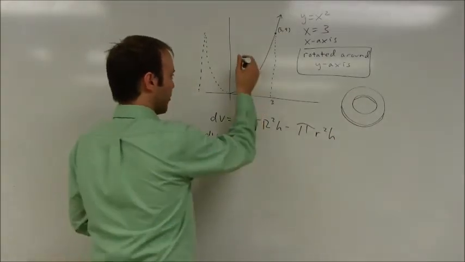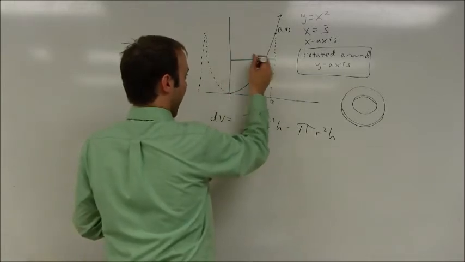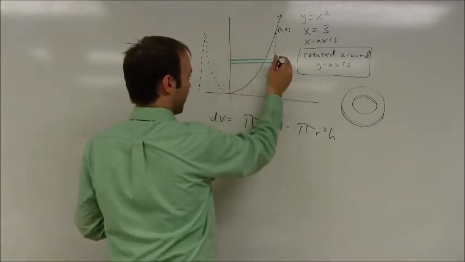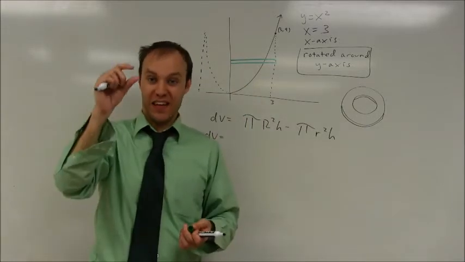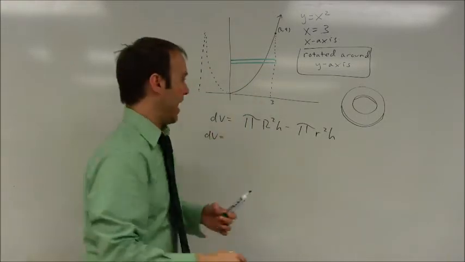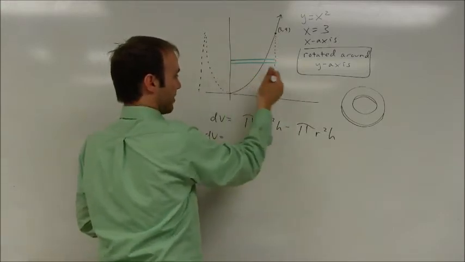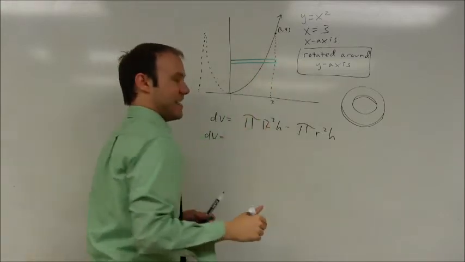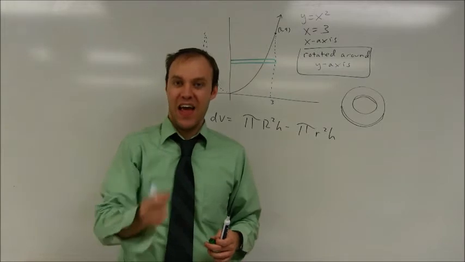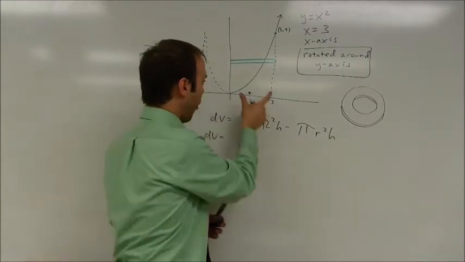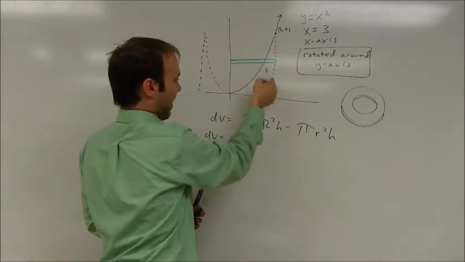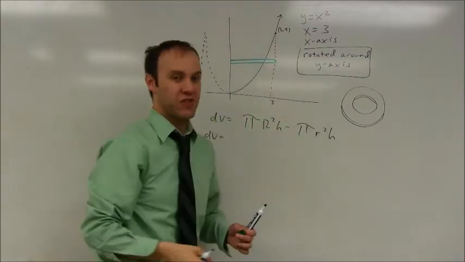So Forrester will draw the outer strip, representing the radius and the thickness of that cylinder, and it's going to be perpendicular to the axis of rotation. Notice that length, that radius, always stays the same. That's a constant, x equals 3.